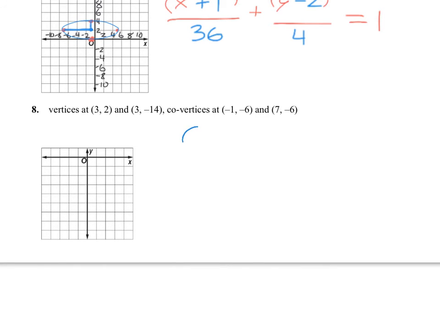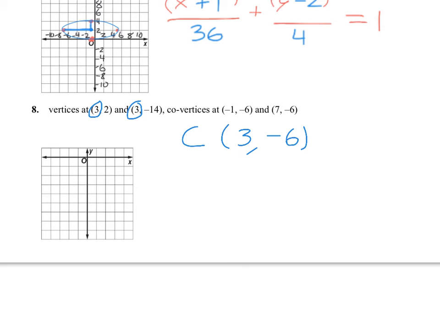Okay, so again, you can get the center just by looking at what coordinates repeat. So anytime a coordinate repeats, it's going to go in the center. So the x is 3 for both points of the vertices. The y is -6 for both y's in the co-vertices. So there's our center. Let's try to do this one without graphing it.